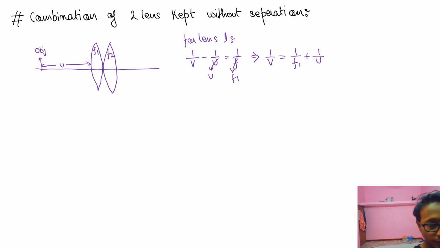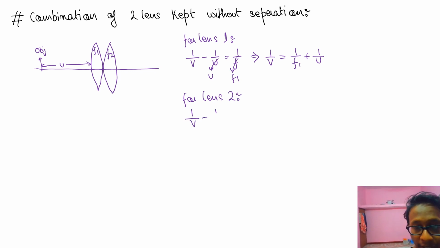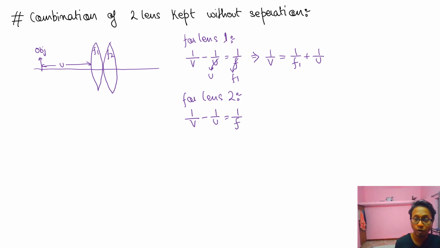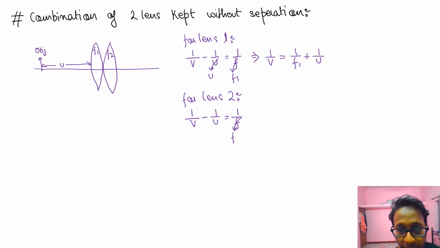Now for lens 2, we can use the same formula, 1 by v minus 1 by u is equal to 1 by f. Note that this formula is only applicable for thin lenses, not thick lenses. Here f became f2. What is the value of u here?